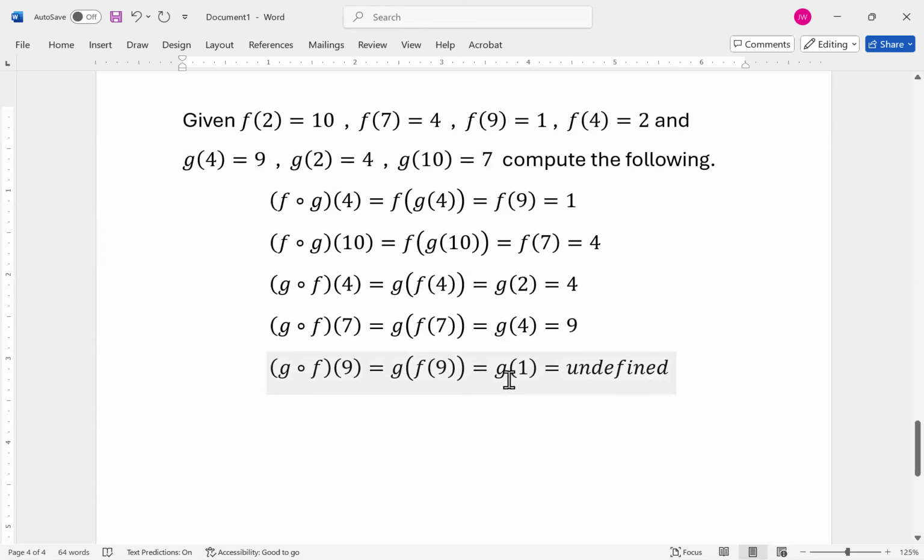So since 1 is not in the known domain of g, I don't know where g of 1 is sent. Hopefully that makes sense. In general, I probably wouldn't give you one which is undefined on a homework or on a test question without giving you that option.